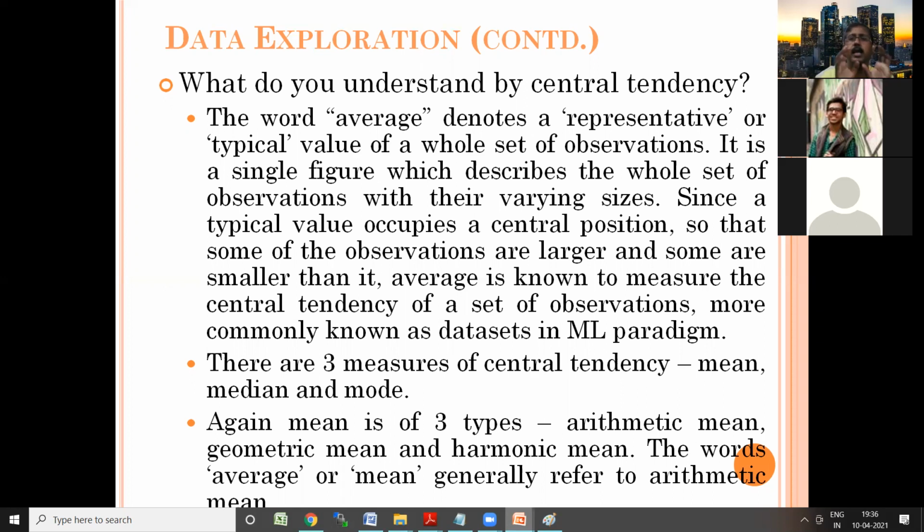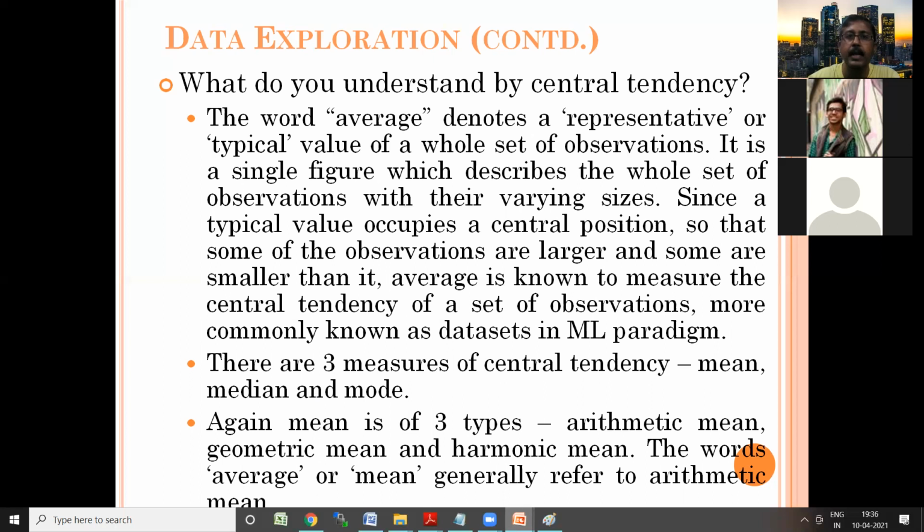If we do a relative comparison, the students of section B have done a little better than the students in section A. From the perspective of central tendency or the average, we can say section B students have done better than section A. This is a measure of central tendency where we use a very typical measure, which is the mean. In the same way, we can also adopt other measures like median.